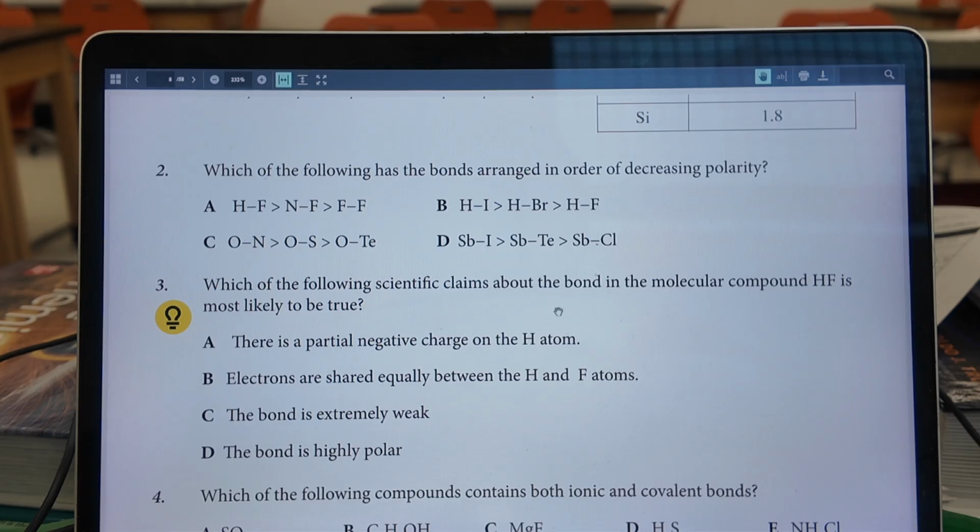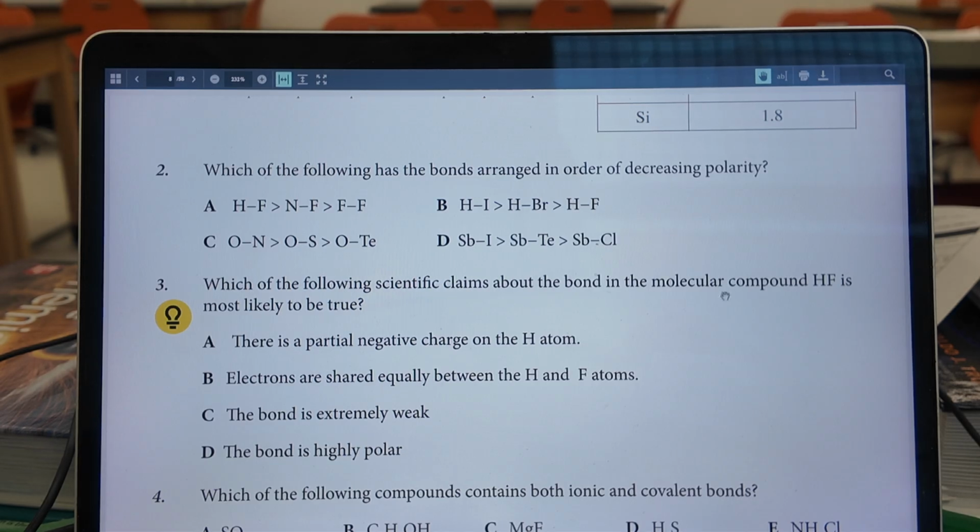So H and F, what is going to be most likely true? There is a partial negative charge on the H atom. Remember, if the difference is around 2, then there's no more partial charge. It's a whole negative charge and a whole positive charge. So it's not A. Electrons are shared equally? No, that would have been covalent.